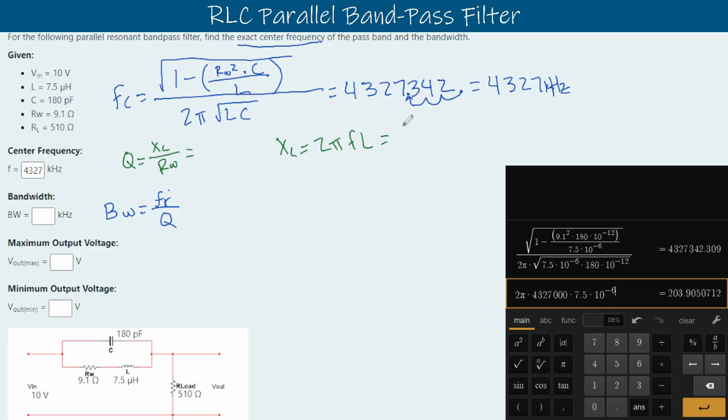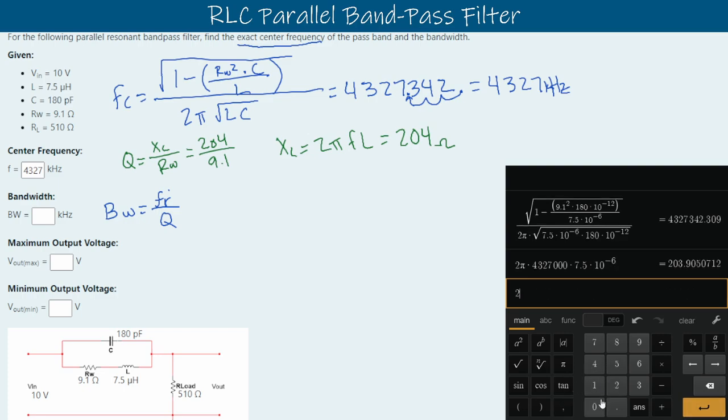And that gets us a 204, we'll round that up, 204 ohms, right? It's not in kilo ohms or anything, it's just in ohms. So after that, we can plug into our Q. We can say 204 divided by our winding resistance of 9.1. That gets us our Q output.